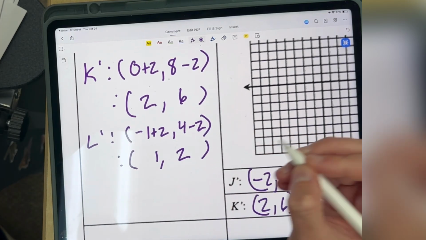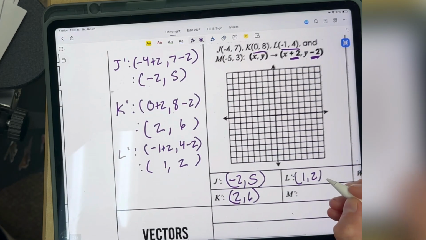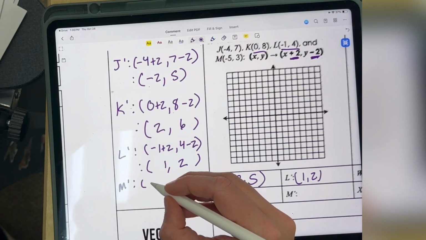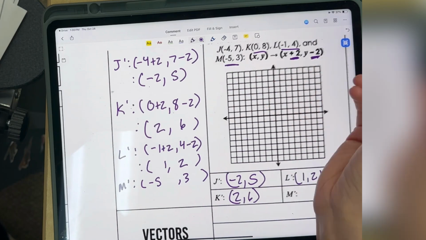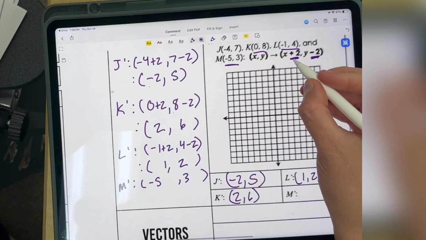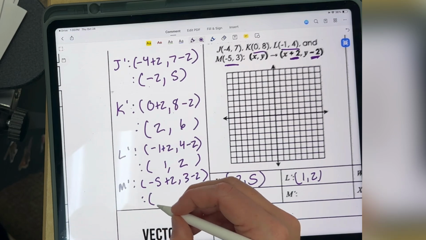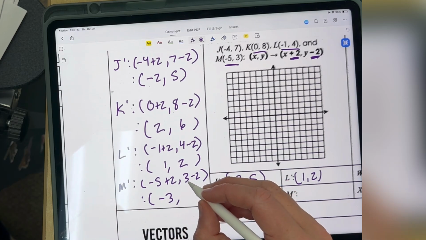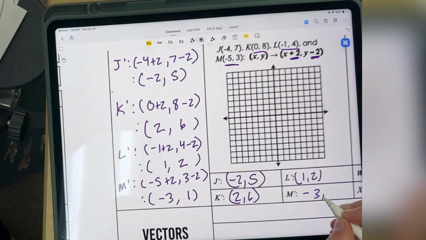So it would have been at 1, 2. Lastly, M prime. M was at negative 5, 3. That's what it says right here. Okay, and so plus 2 for the x, minus 2 for the y. M prime would have been at negative 5 plus 2 is negative 3, and 3 minus 2 is 1. So M prime would have been at negative 3, 1.